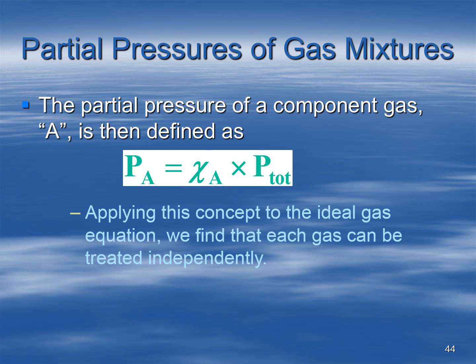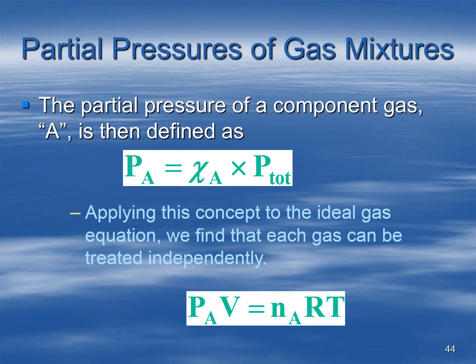So we can always find the partial pressure of any gas just by knowing its mole fraction. And each gas can be treated independently. So if we just wanted to know the pressure of gas A in that system, in the relationship PV equals nRT, it would just be the moles of A.